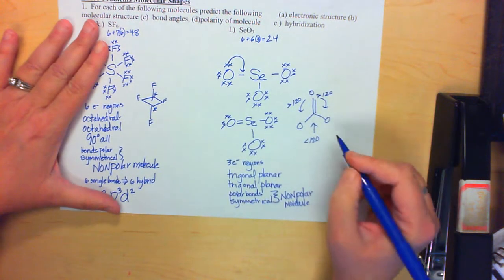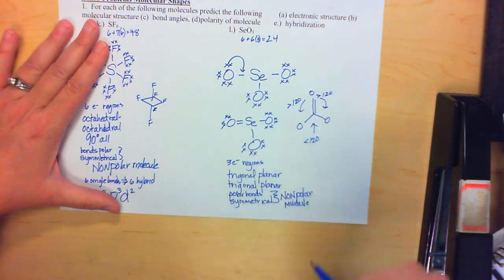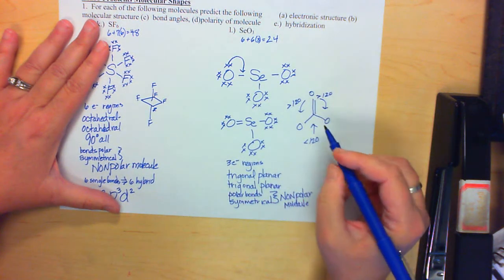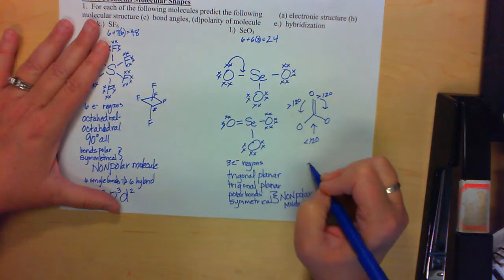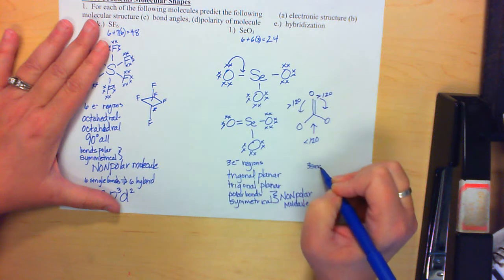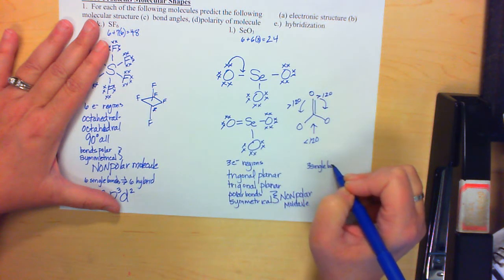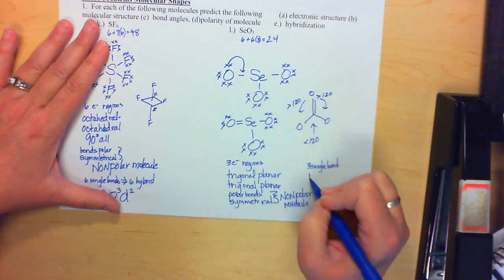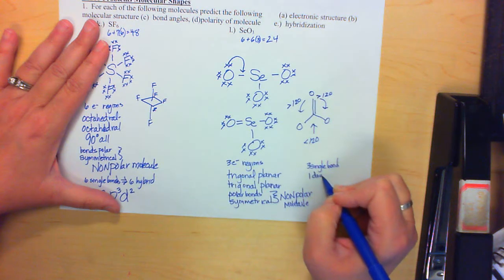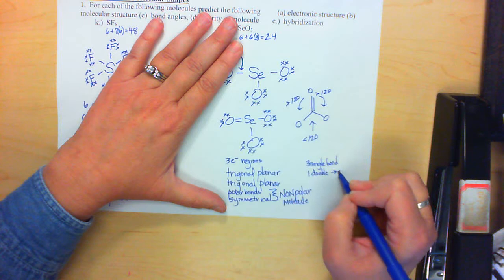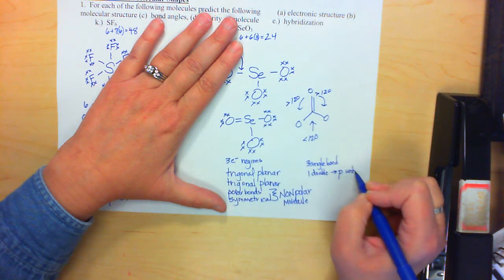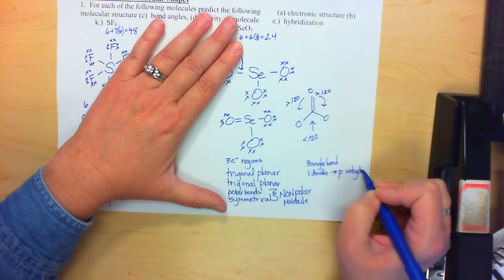Okay, so I'm going to come over here to do hybridization because I accidentally went off the page here. So hybridization, so we're going to have 3 single bonds and 1 double. Now, what the double means is you have to have a P unhybridized.